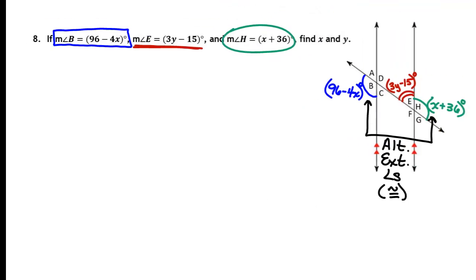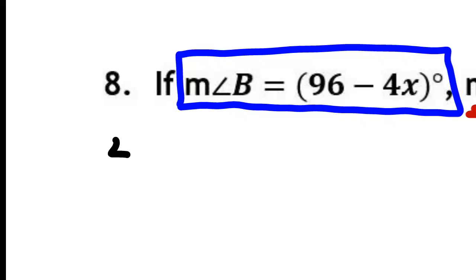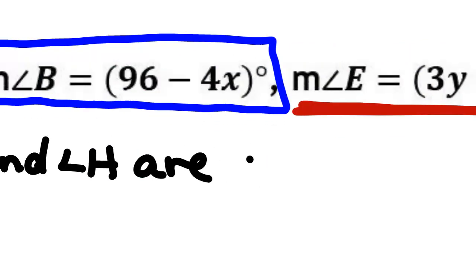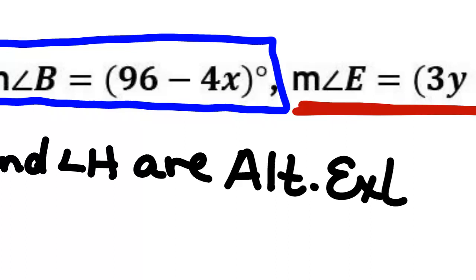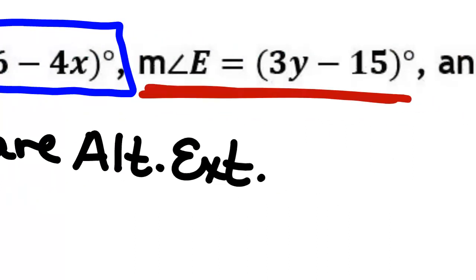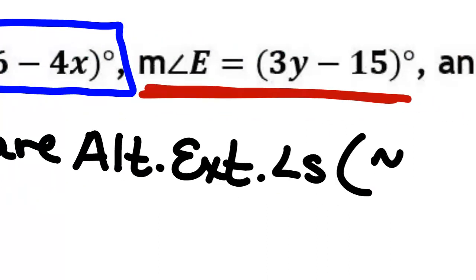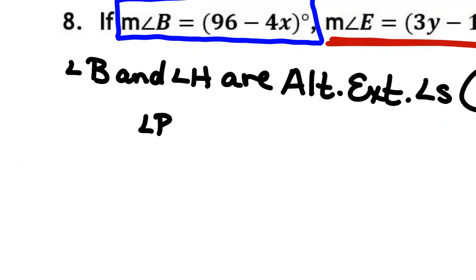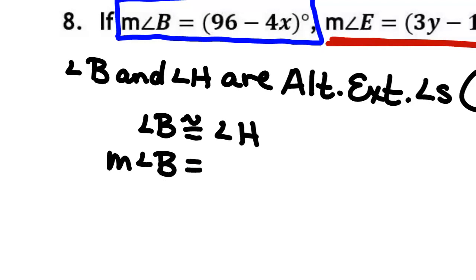So angle B and angle H are alternate exterior angles, meaning they are congruent, so angle B is congruent to angle H. The measurement of angle B is equal to the measurement of angle H.